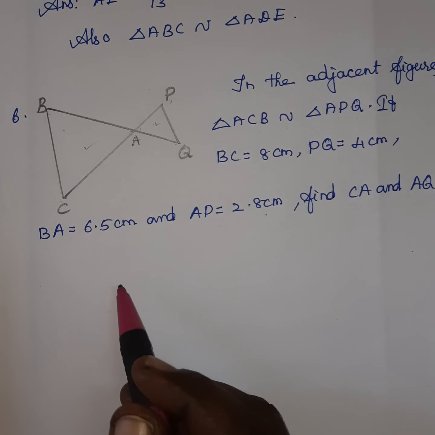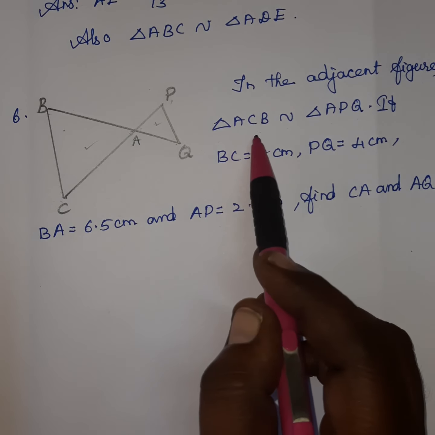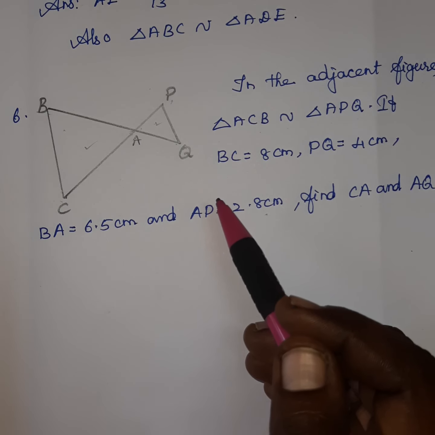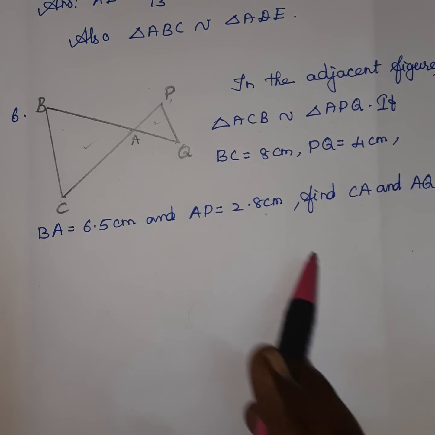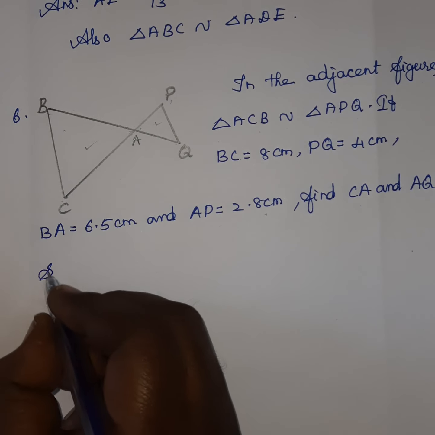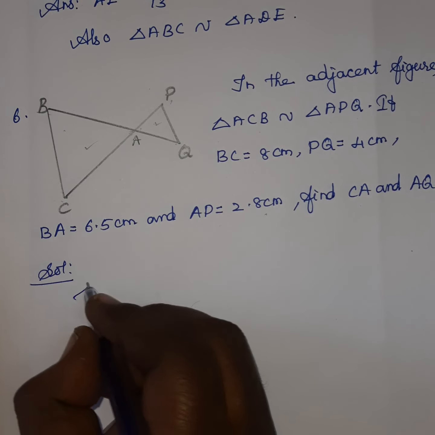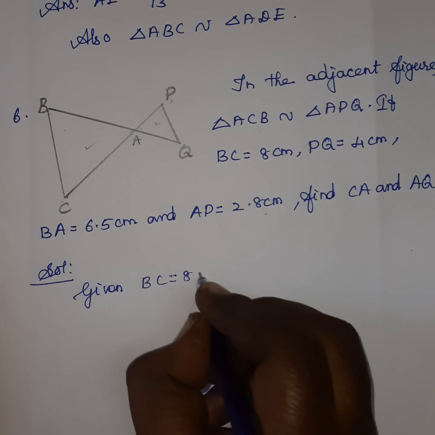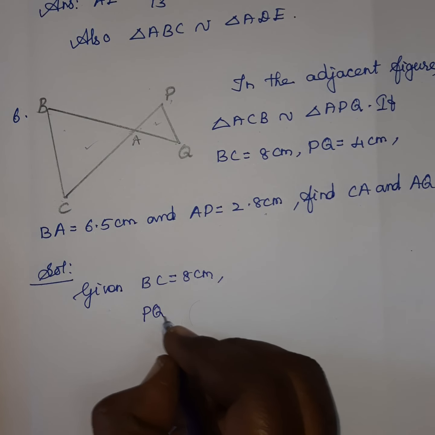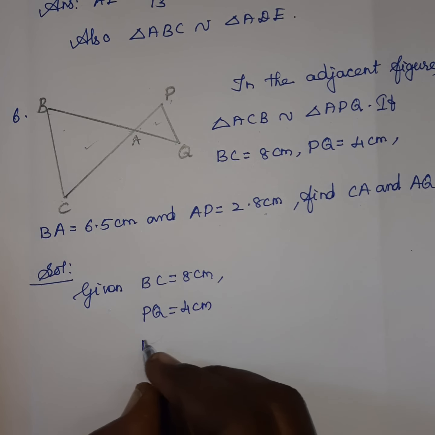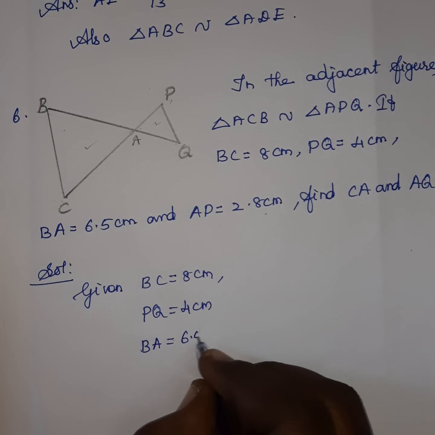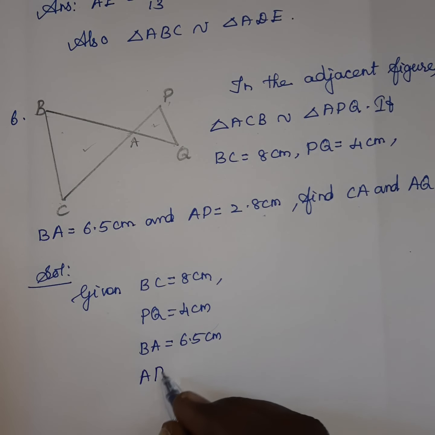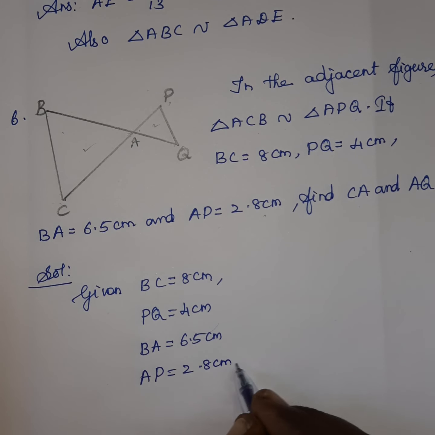Okay, it is only the question, but in the question itself they gave that the 2 triangles are similar, so we can take the corresponding sides as proportional. Using the ratios we can find out these two. Okay, so we can start the solution. Given BC equal to 8 centimeter, PQ equal to 4 centimeter, BA equal to 6.5 centimeter, AP equal to 2.8 centimeter.